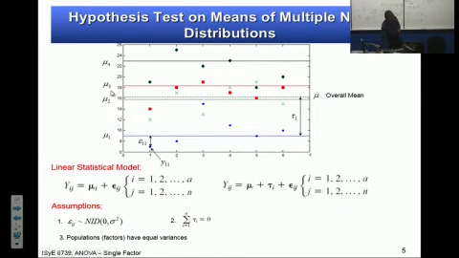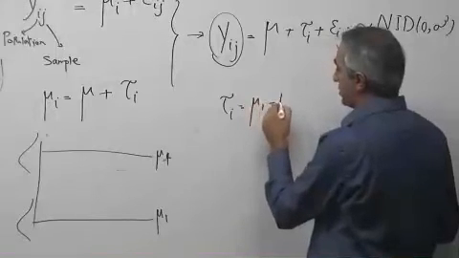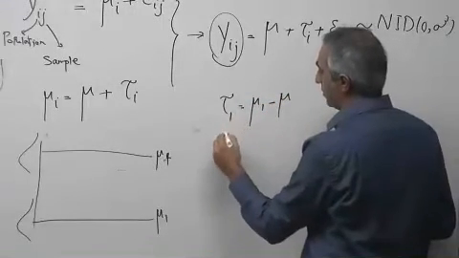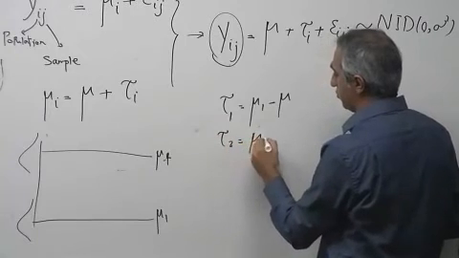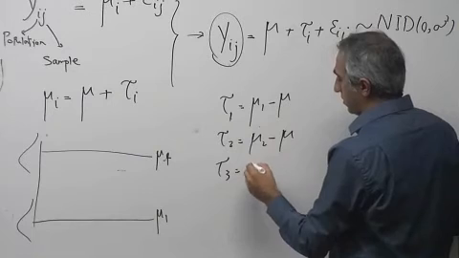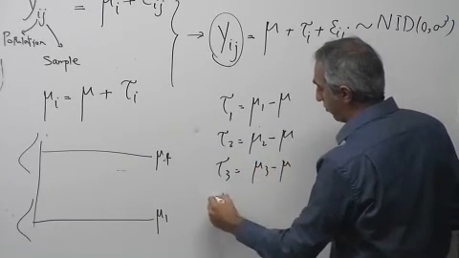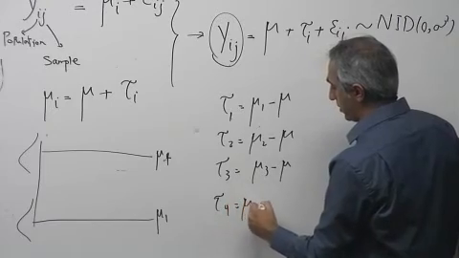For example, mu1 minus mu is tau1, tau2 is mu2 minus mu, tau3 is mu3 minus mu, and tau4 is mu4 minus mu.